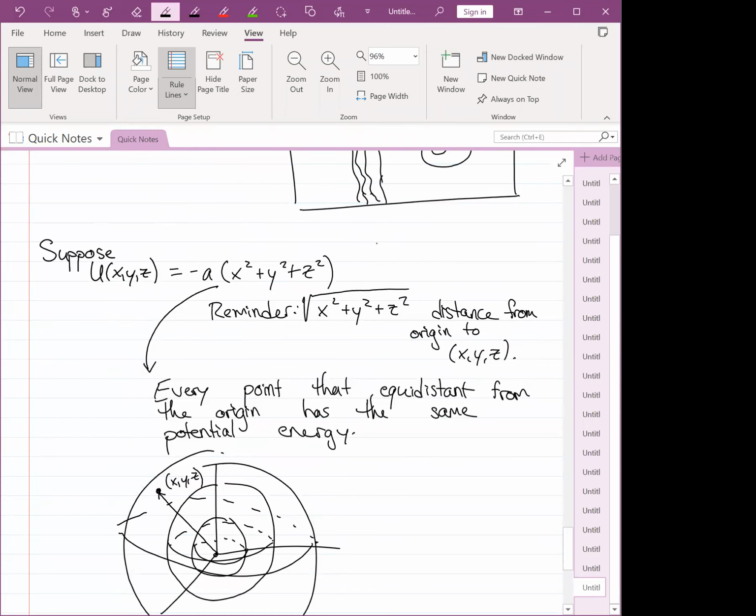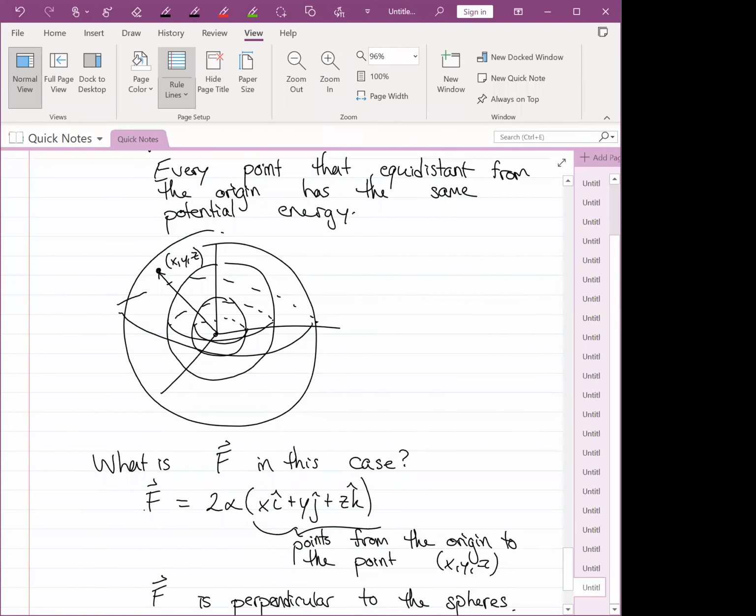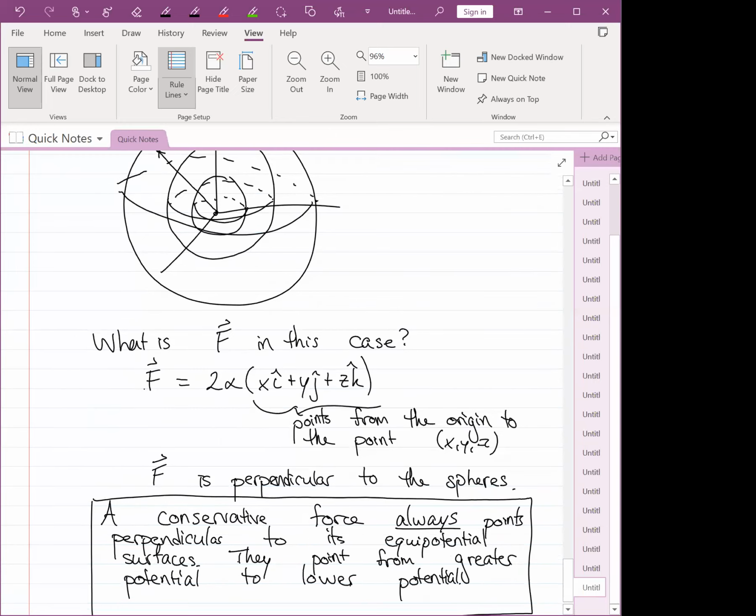And so those are more negative because those terms are greater. So it points from high potential energy, the inner spheres, to low potential energy, the outer spheres. When I say high and low, I mean higher numbers, which in this case, because they're negative, are closer to 0. So like -2 is higher than -5, for example.